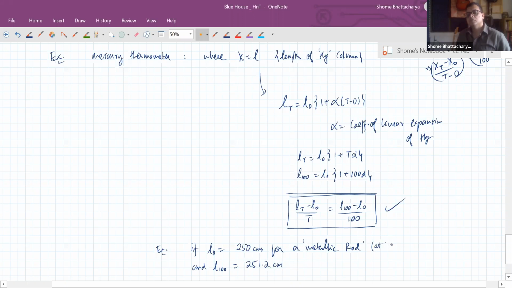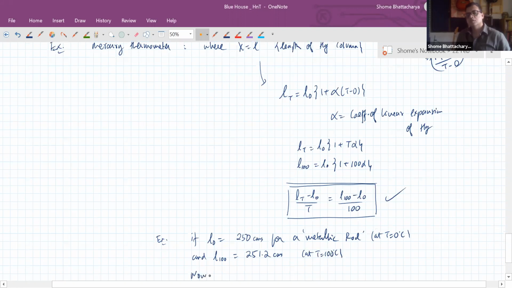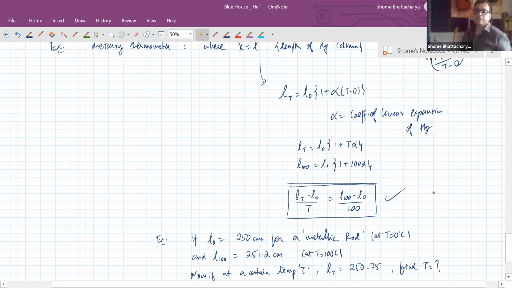This is at T equal to 0 degrees C, and at T equal to 100 degrees C. Now, if at a certain temperature T the length is this much, then find that temperature. All you have to do is understand this linear relationship and apply this unitary method kind of formula, and you will get this. So just try this out.